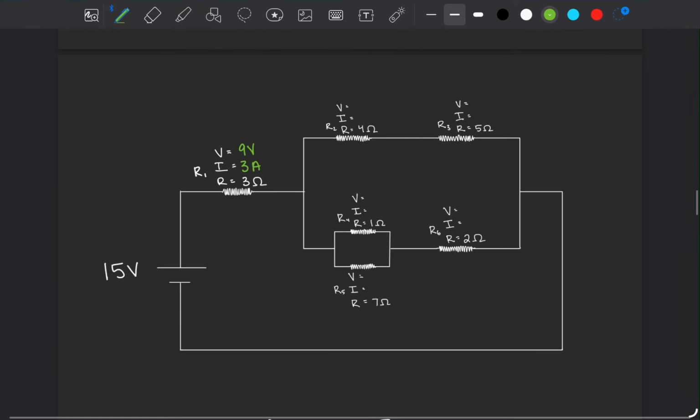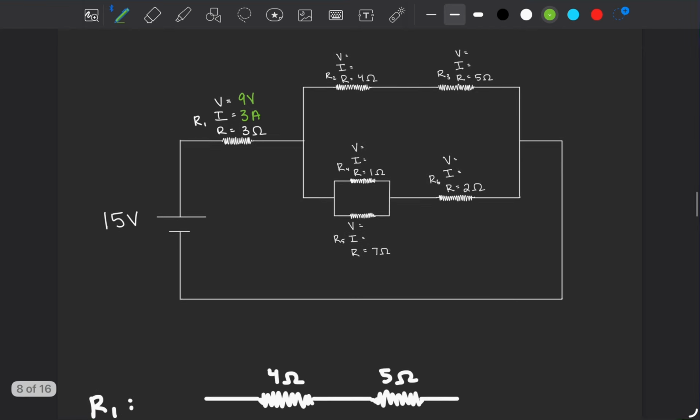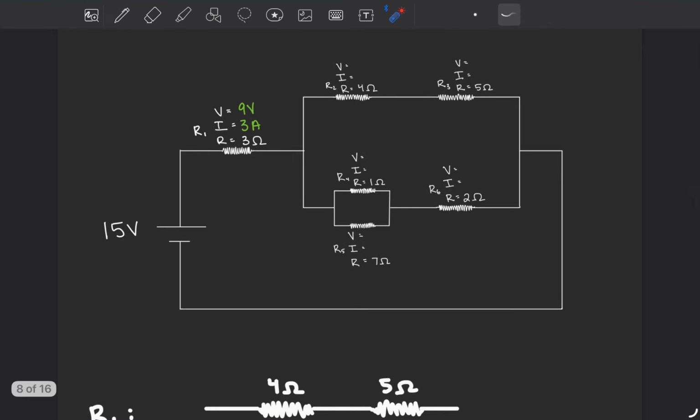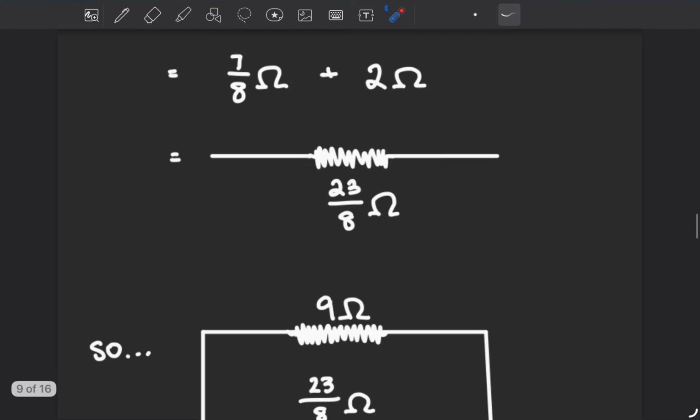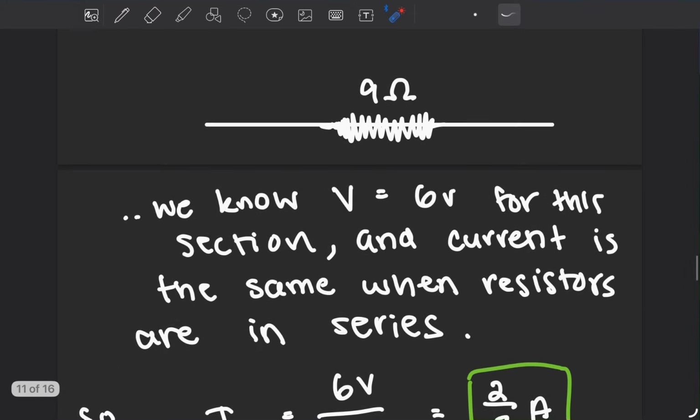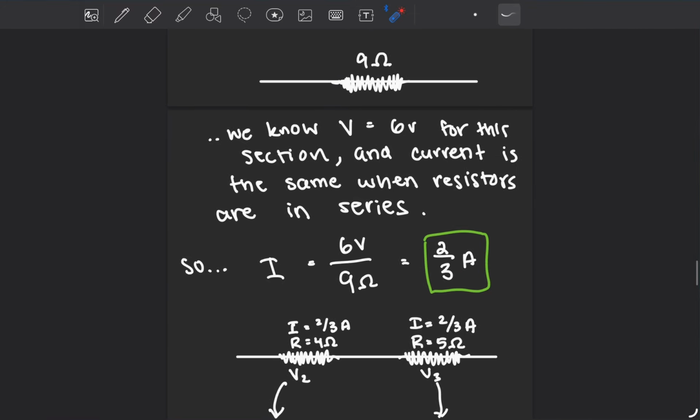So now we've completed that first section. Now we'll start doing the top portion here. So we know that there are 6 volts for this section because 9 volts have been consumed from that first resistor. Therefore, there's only 6 volts left.